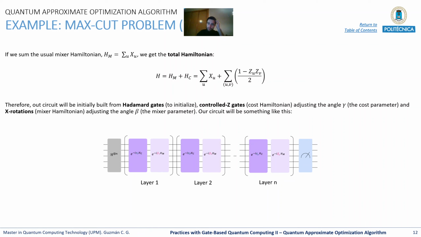So here we can see that we have X matrices, we have multiplication of Z matrices. So how are we gonna get this into a circuit? Afterwards, you will see how we can code it using Qiskit.